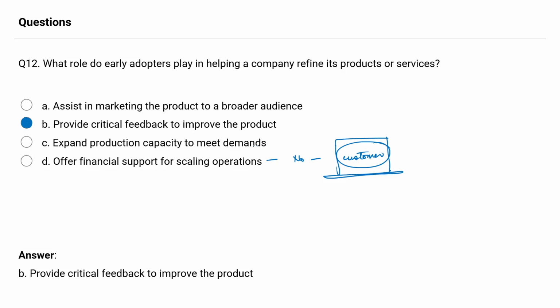Expand production capacity to meet demands. Again, they are not workers, so they cannot help you in the production capacity. Assist in marketing the product to a broader audience. Again, they are not marketeers. They won't be marketing for you. They are there to provide critical feedback to improve the product.